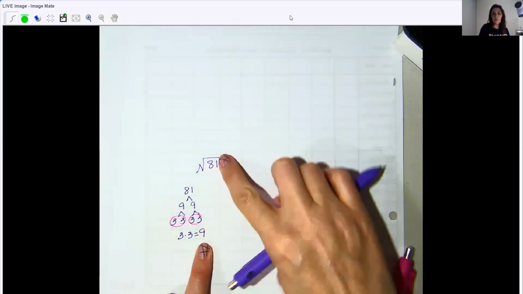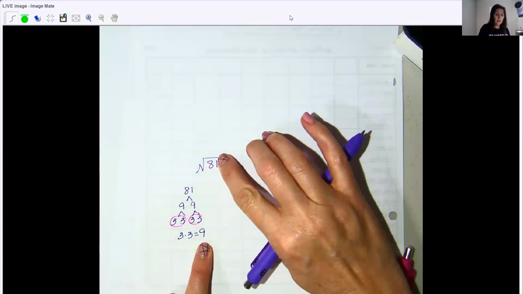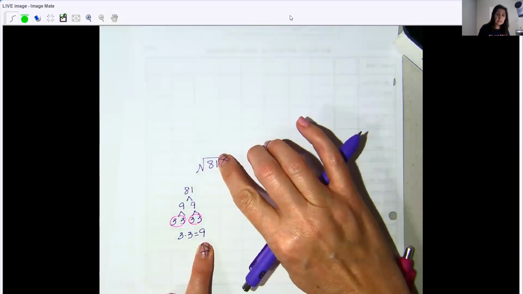So I circle my 2 groups of 2. Okay, I have 2 groups of 3, which gives me 9. Okay, so 9 is if 81 were by itself without the 3. But since 81 is being raised to the 3rd power, then we can raise this to the 3rd power. And we get 9 times 9 times 9. 9 times 9 is 81. 81 times 9 is 729. So that is another way of doing it.